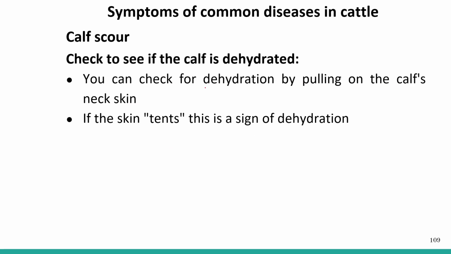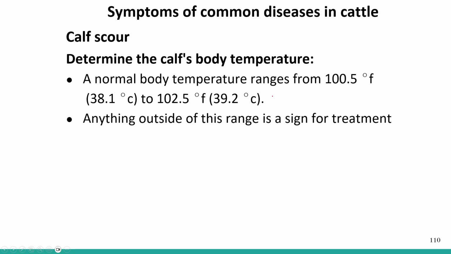You can check for dehydration by pulling on the calf's neck skin. If the skin is tense, this is a sign of dehydration. So this is very important to check whether they are in a dehydrated condition.